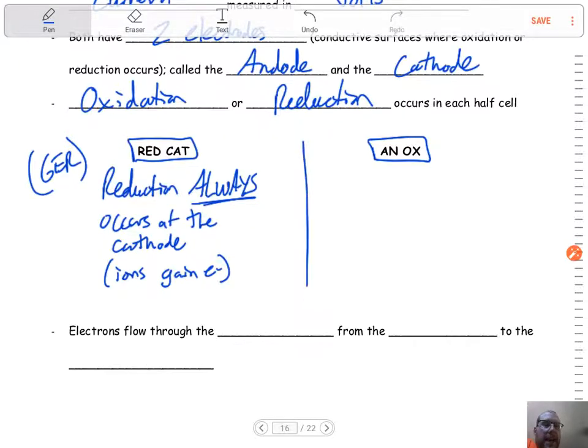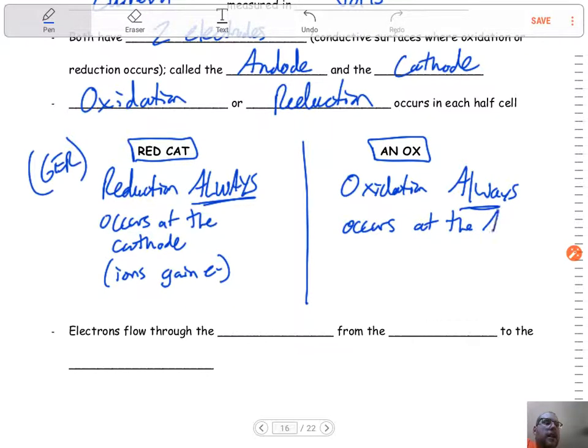On the flip side, An Ox: oxidation always occurs at the anode. Metal loses electrons.